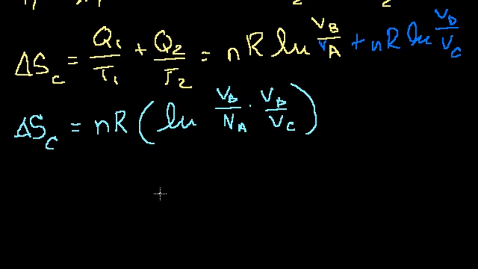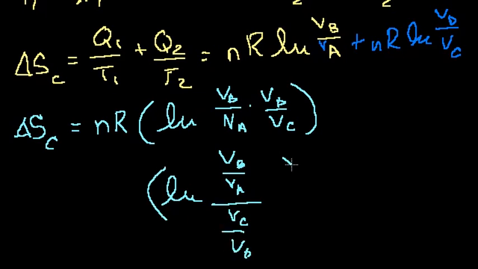So I can rewrite this as the natural log of Vb over Va divided by, right, instead of multiplying it times this, I can divide it by this reciprocal, Vc over Vd. So I just rewrote it. I just did a little bit of fraction math.